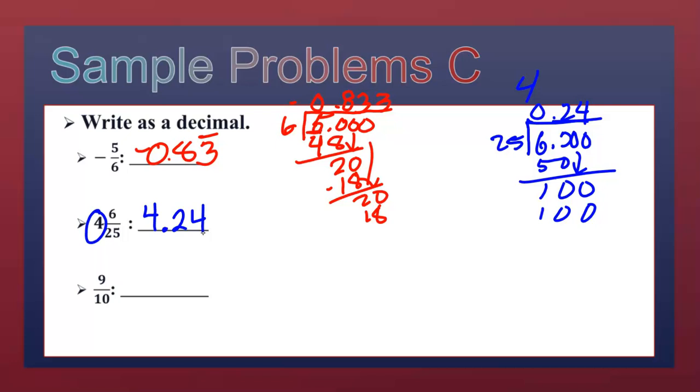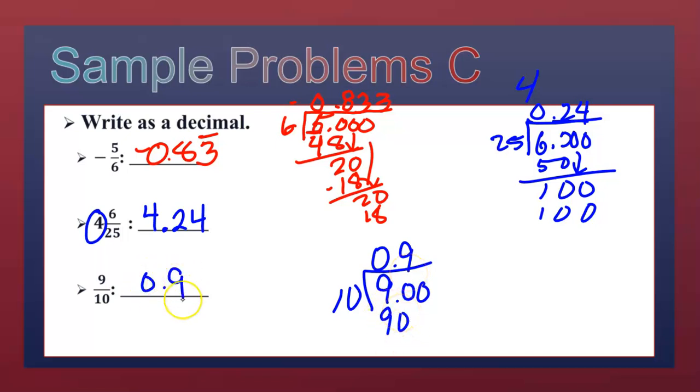Next is 9/10. If you have something like 9/10 or 9/100, those are easy to convert to decimals. But if you couldn't do that in your head, just do 9.00 divided by 10. Put a decimal point up. 10 goes into 90, 9 times 10 is 90. So this would be 0.9.